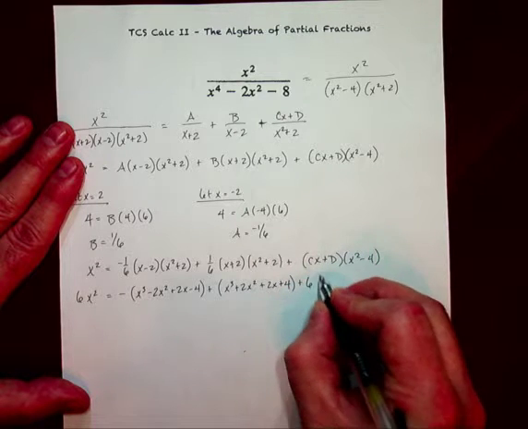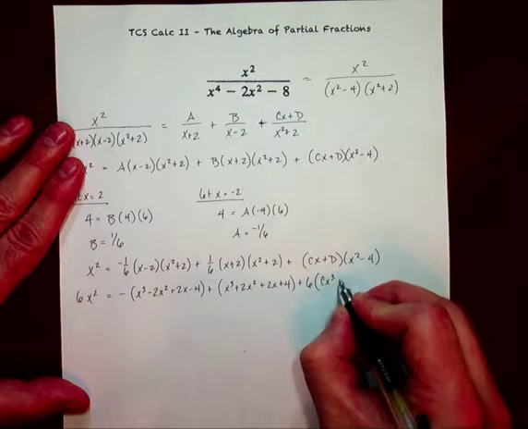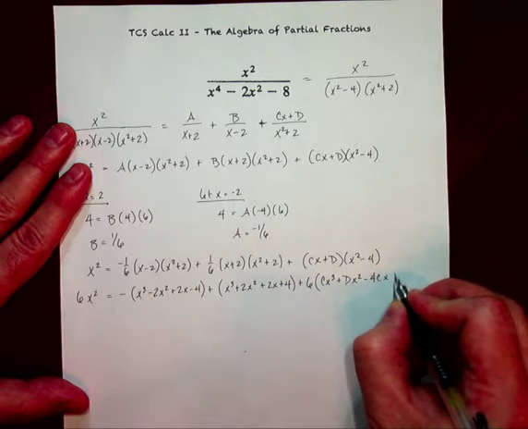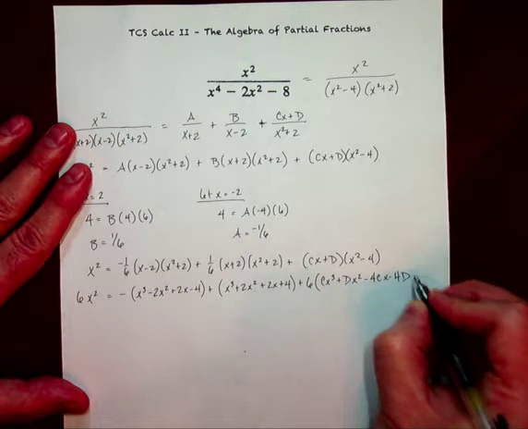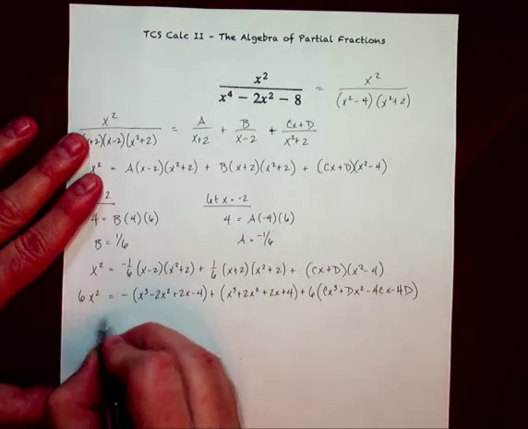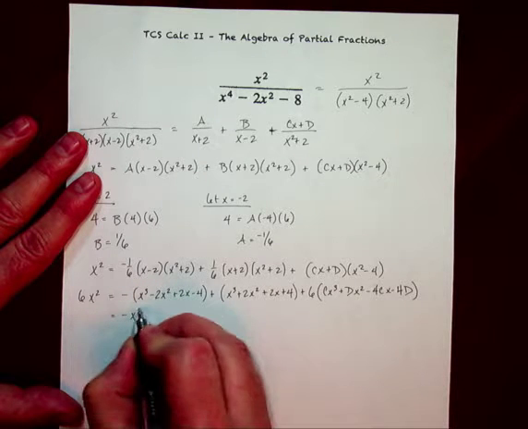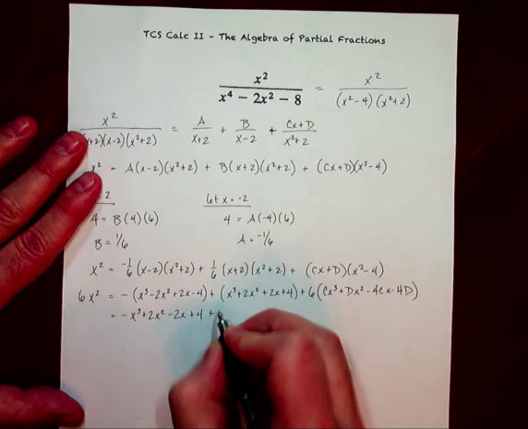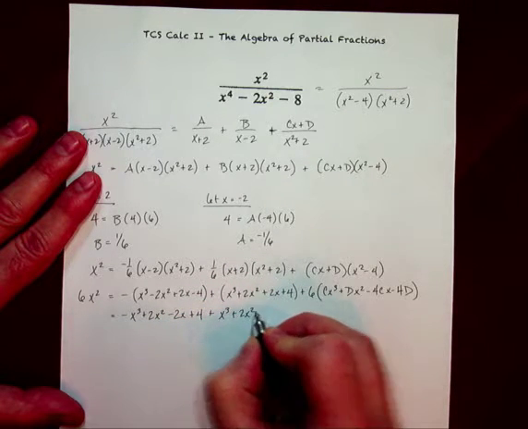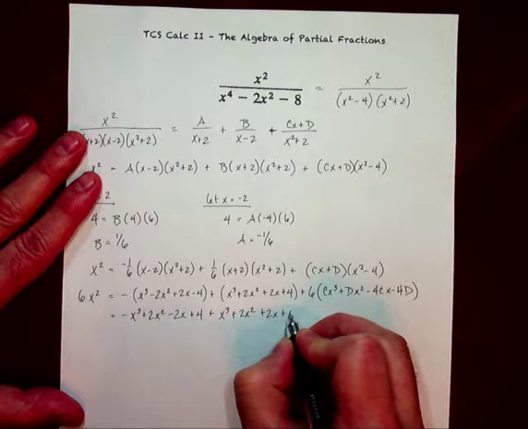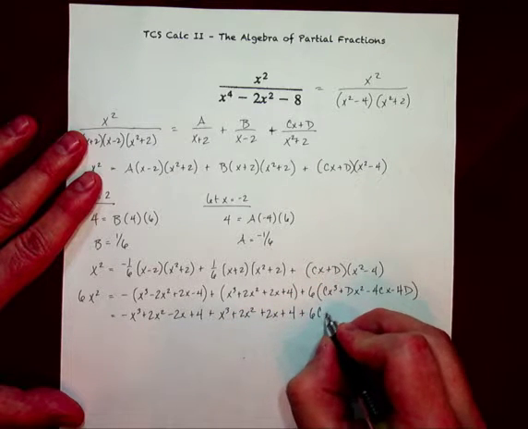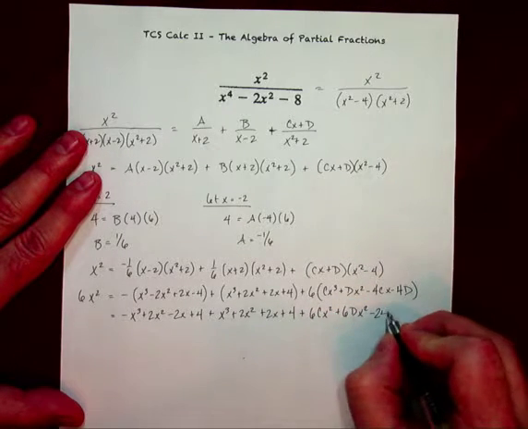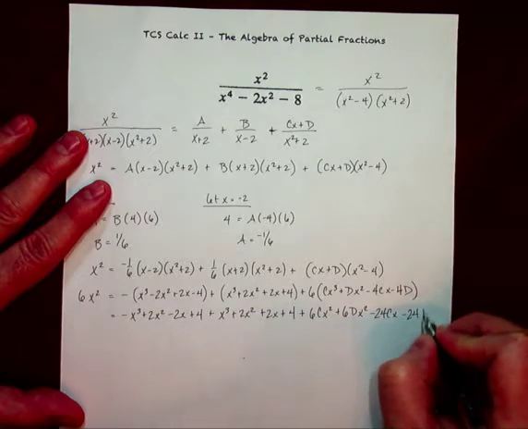Plus 6cx cubed plus 6dx squared minus 24cx minus 24d. Now let's expand all those out.